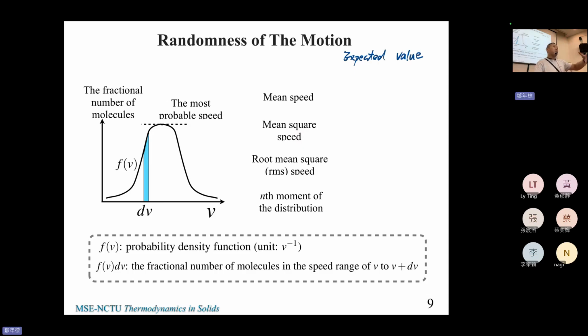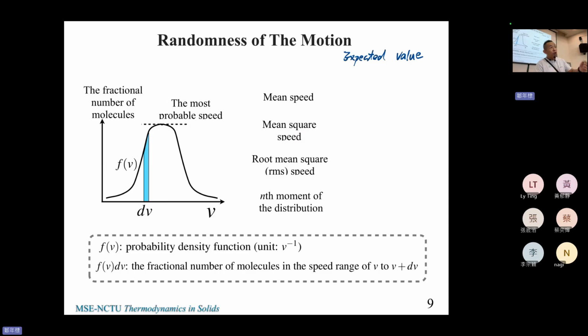When everything comes to probability and the number is large, most of the time we will have the expected value appear in the real world, okay, just like the coin tossing problem.